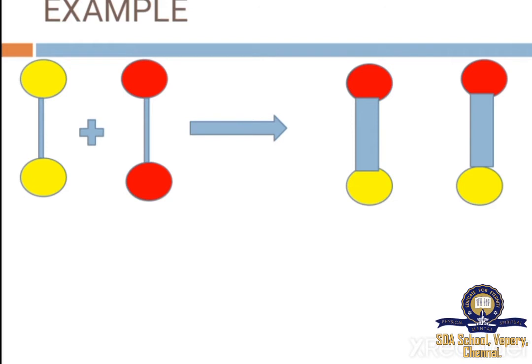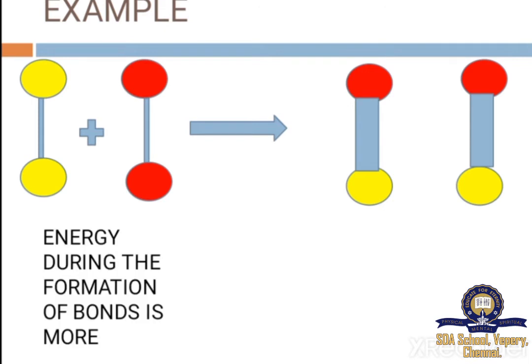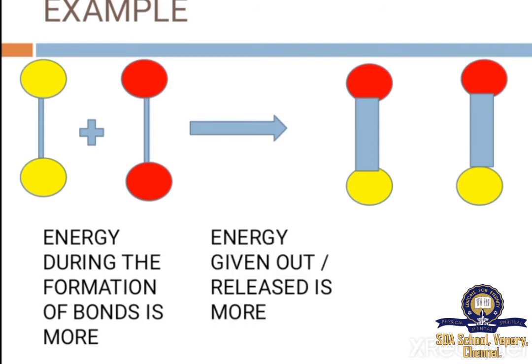Yes, obviously formation of these bonds needs more energy. So, energy during the formation of bond is more. How can we say this in other words? In other words, the energy given out or released is more. Right? So, when the energy released during a reaction is more, what kind of reaction is this? Yes, it is an exothermic reaction.